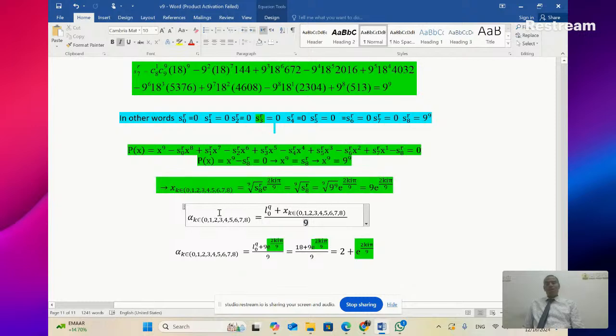So I will substitute, using the formula for alpha subscript k, ranges from 0 to 8, the sum of the roots x subscript k, ranges from 0 to 8, divided by 9. That's substitution in this formula.